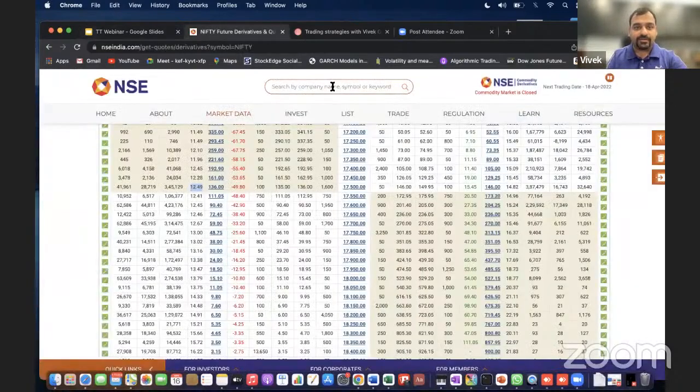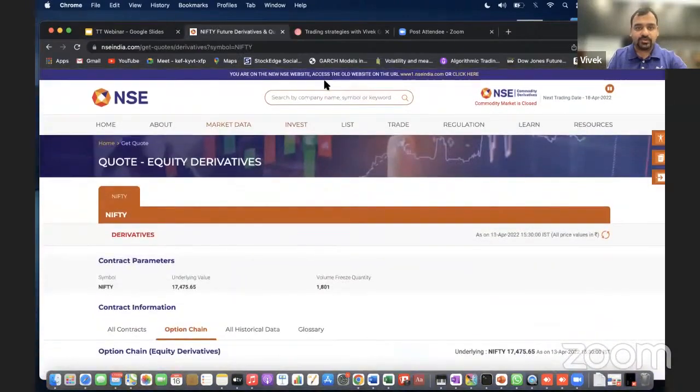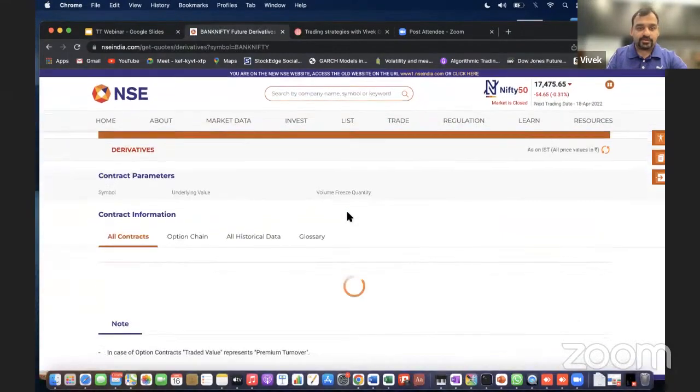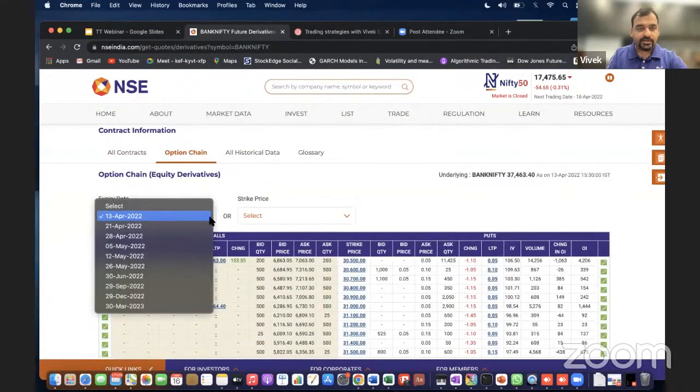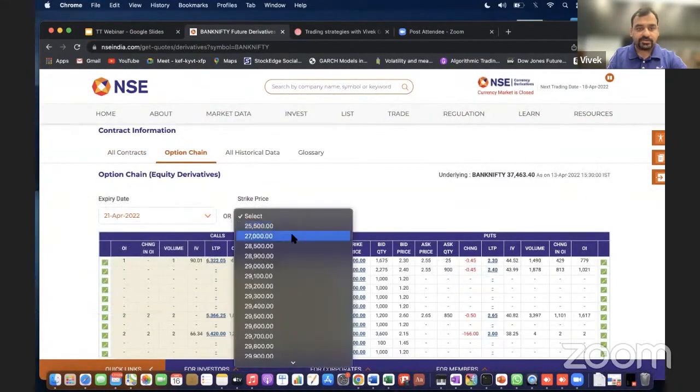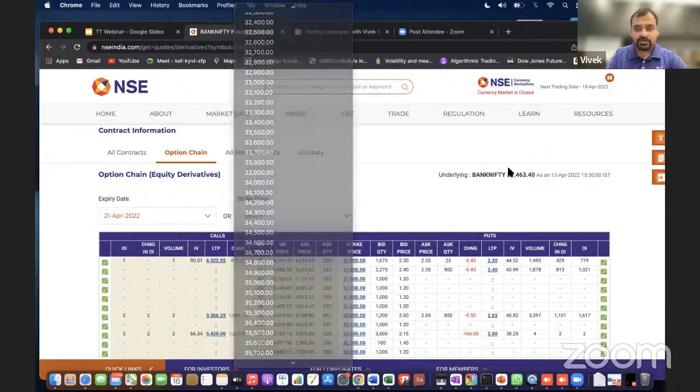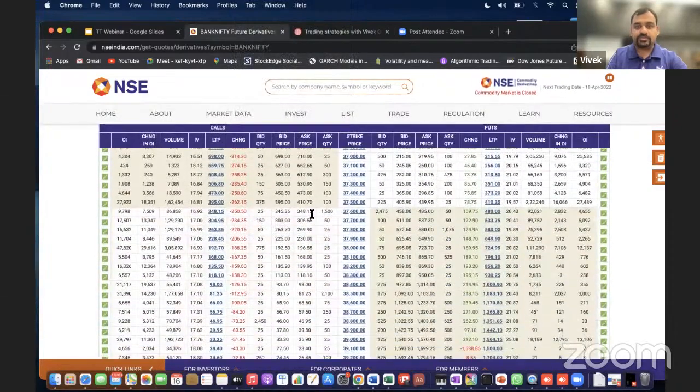Let's quickly look at the bank nifty also. So we go to the option chain and we take the 21st, and we scroll down to the, so 37,500 is at the money right now.